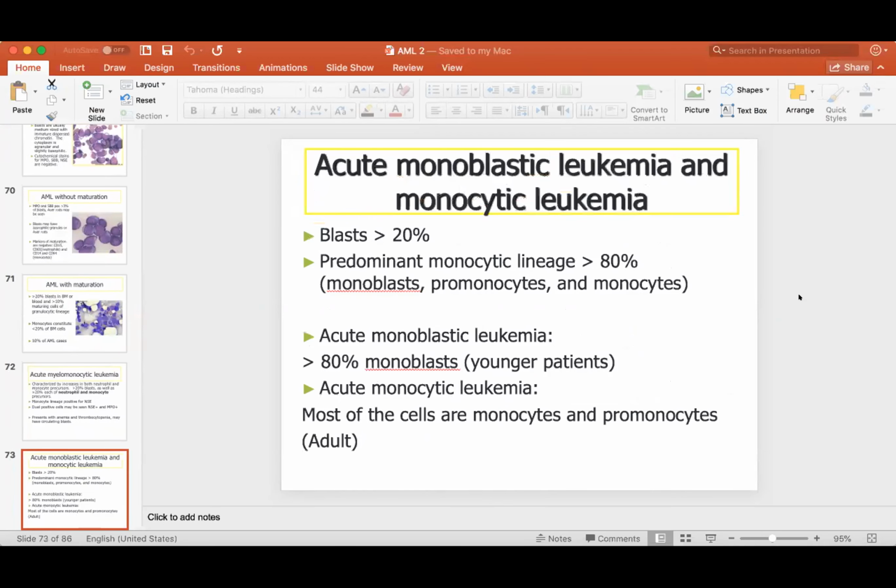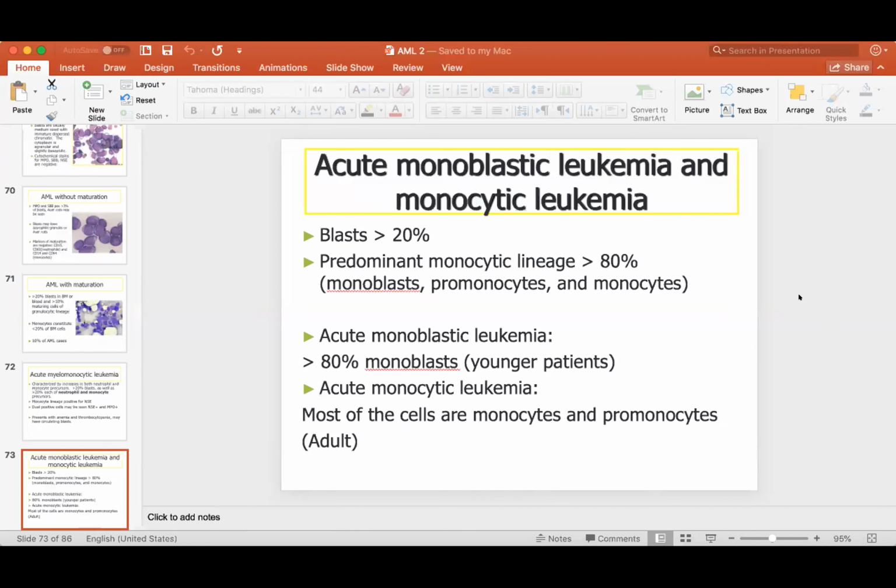Acute monoblastic leukemia or acute monocytic. So this is the next type of leukemias, and now we're talking about AML NOS, or not otherwise specified. In this case, you have more than 20% blasts, but the predominant lineage is monocytic. More than 80% of the cells are monocytic, either monoblasts, promonocytes, or monocytes.